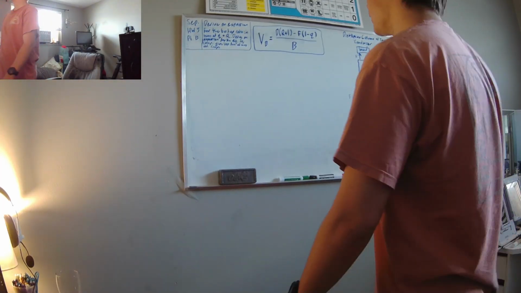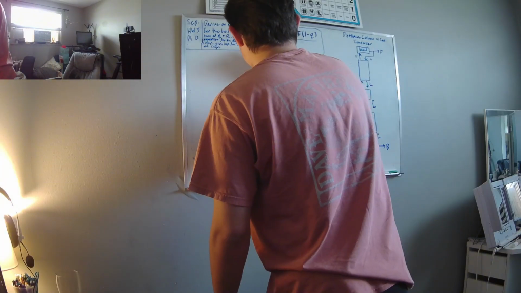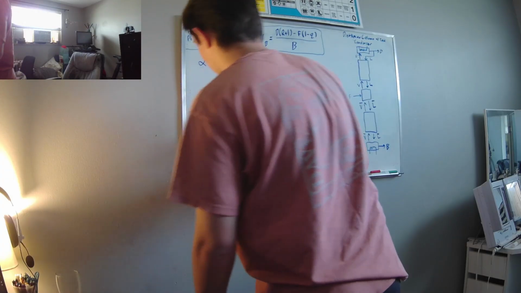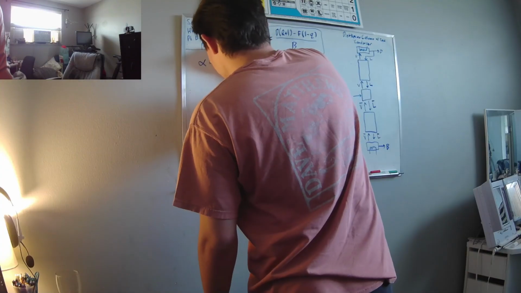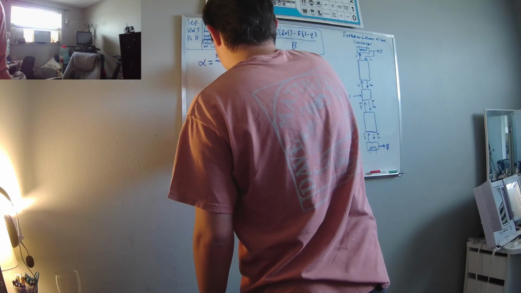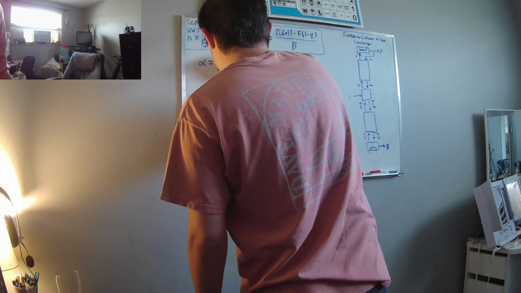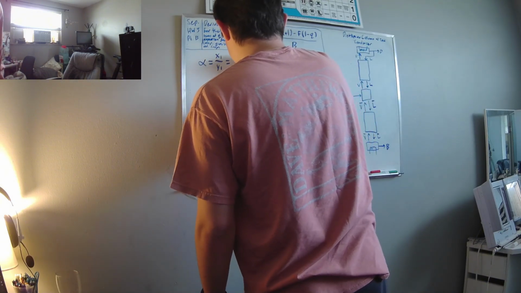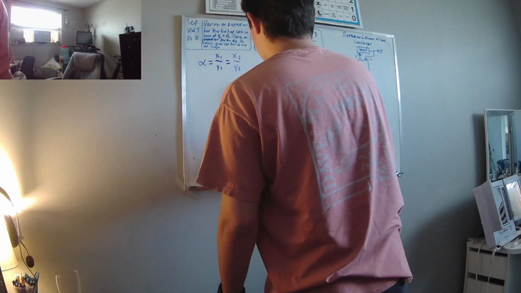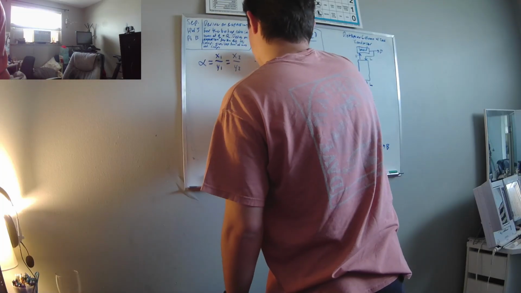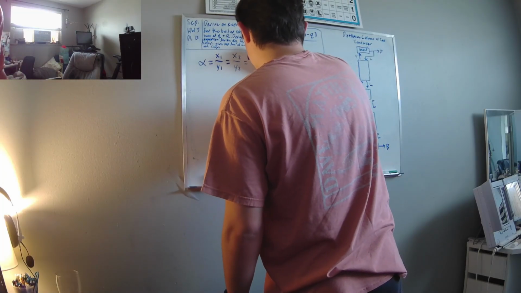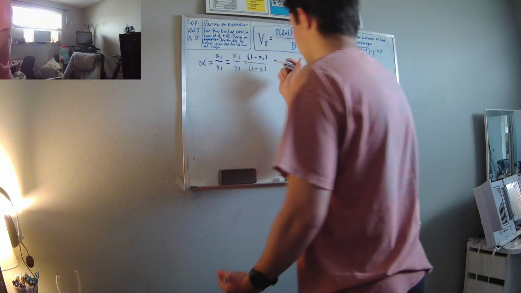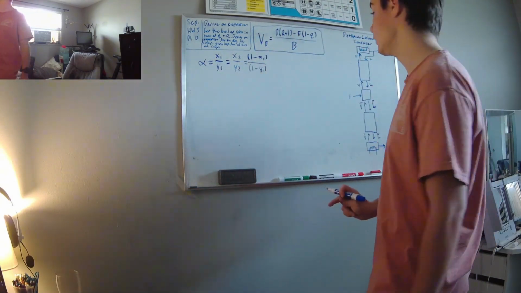To get started, we need to first look at our fixed relative volatility, alpha, as we discussed previously, which equals x1 of our more volatile component over y1, which also equals x2 over y2, as this value is fixed, which also means that it equals 1 minus x1 over 1 minus y1. As for a binary mixture, these two values are equal.